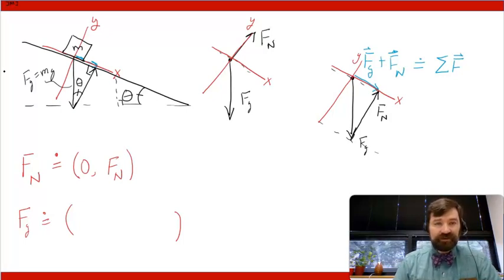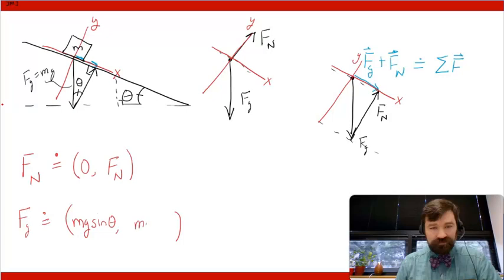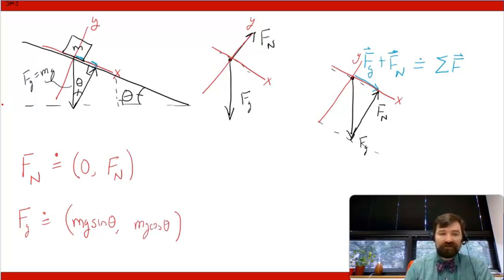Now I use sine of theta is opposite over hypotenuse and cosine of theta is adjacent over hypotenuse to get that the force of gravity is mg sine of theta, comma, mg cosine of theta. In other words, the y component goes with sine theta and the x component goes with cosine theta. And again, that comes out of this triangle that I just drew using forces.